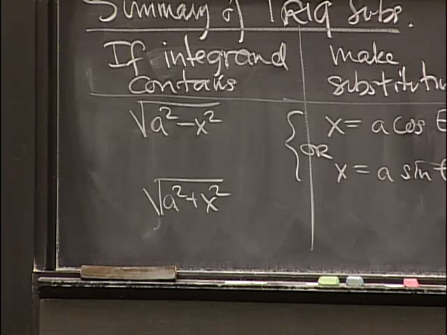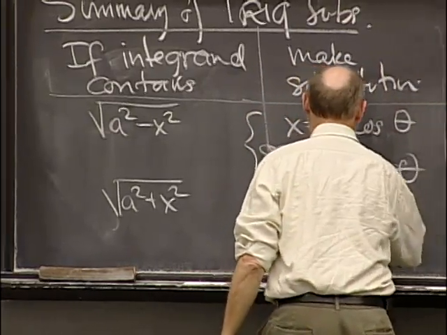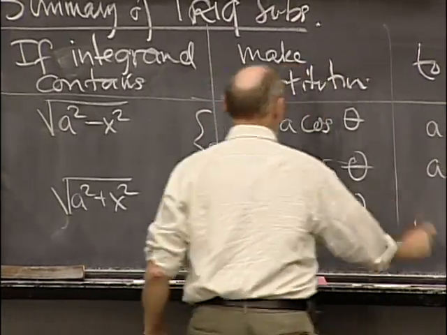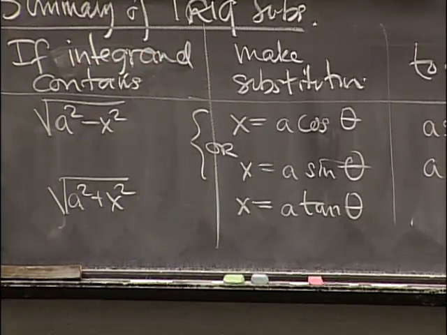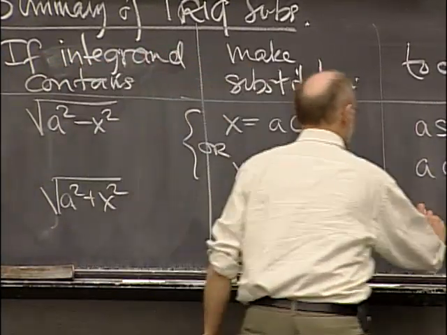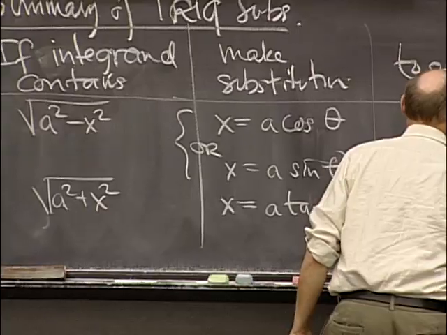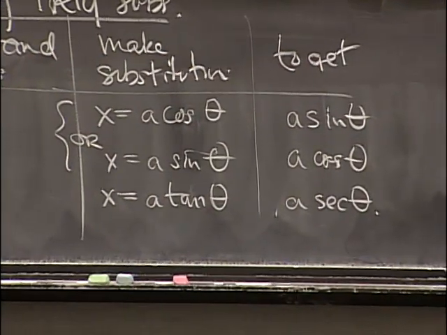A is equal to 1 in this example. What did we do? We tried the substitution x is a tangent of theta, and the reason is that I can plug into the trig identity up here in the upper left and replace a squared plus x squared by a times the secant of theta, the square root of the secant squared.